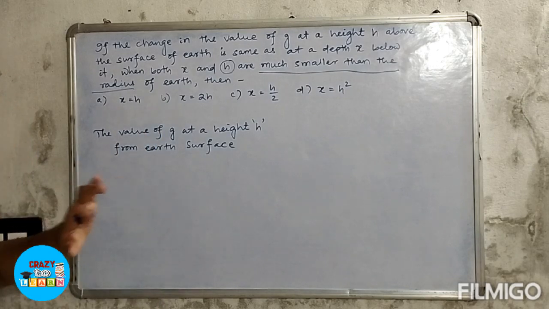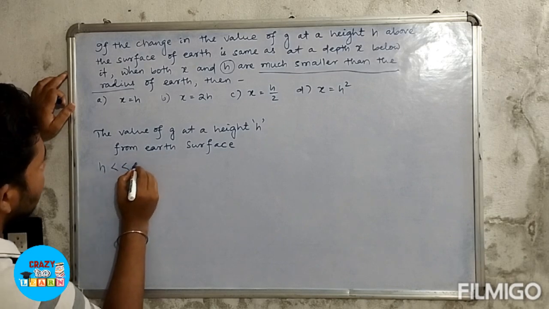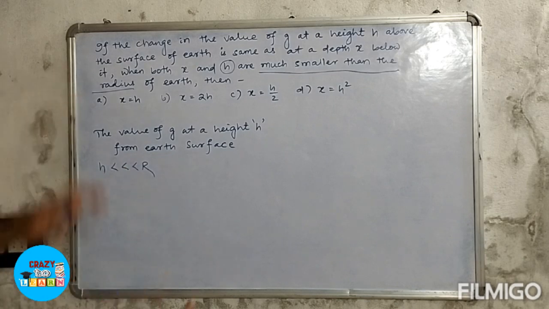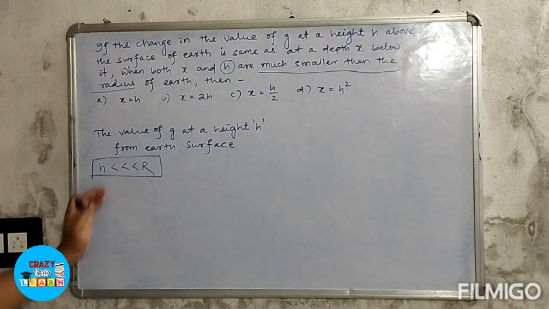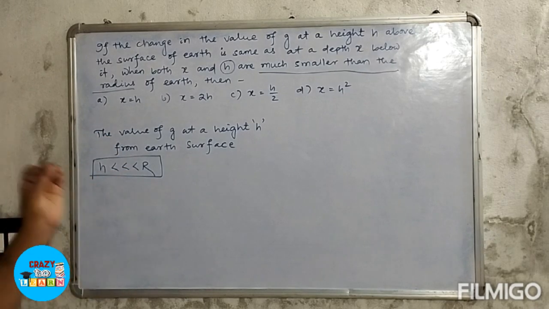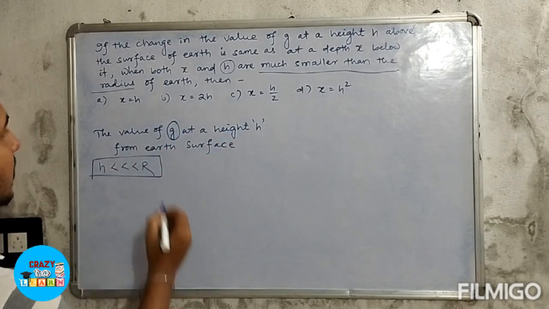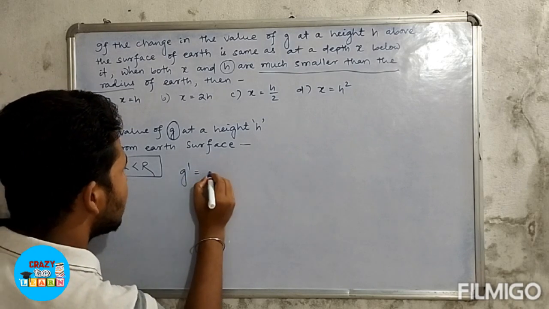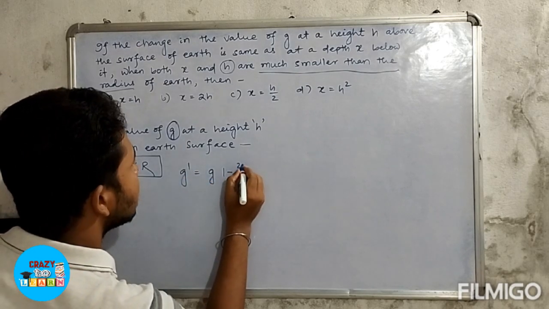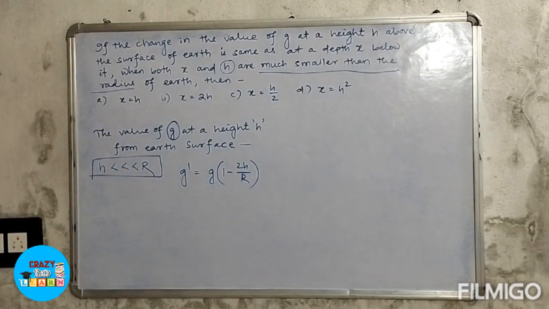If h is normal, then the formula will be different, and if h is very small compared to the radius, then the formula will be different. So this condition is maintained here. When the height h is very much smaller compared to the radius of the earth, then the value of small g at a height h from the earth's surface, g dash, is equal to g into 1 minus 2h by r. This is the formula.